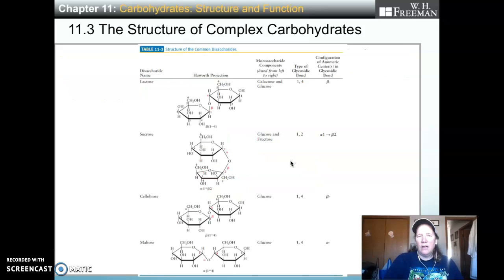Okay. Here's some of the common ones. You don't have to know these. I just wanted to show you. And again, this is the one we know most often. This is sucrose. It's glucose and fructose. Okay. Sucrose is the sugar that we know, the white stuff that we put in when we cook and bake and all that. Okay. This is lactose. You've probably heard of lactose before. Lactose is milk sugar.